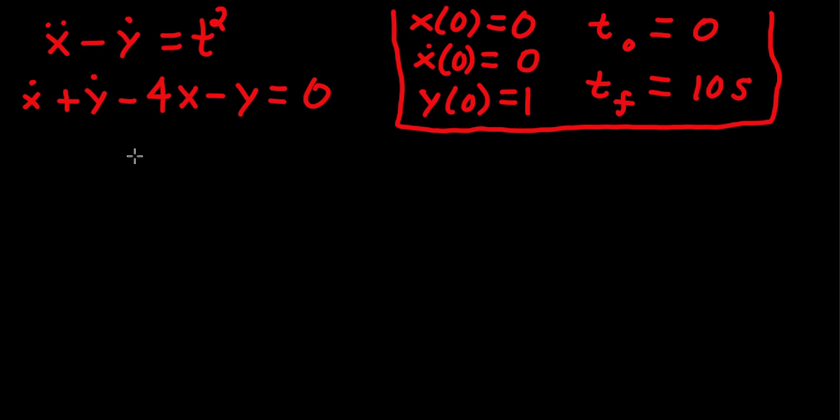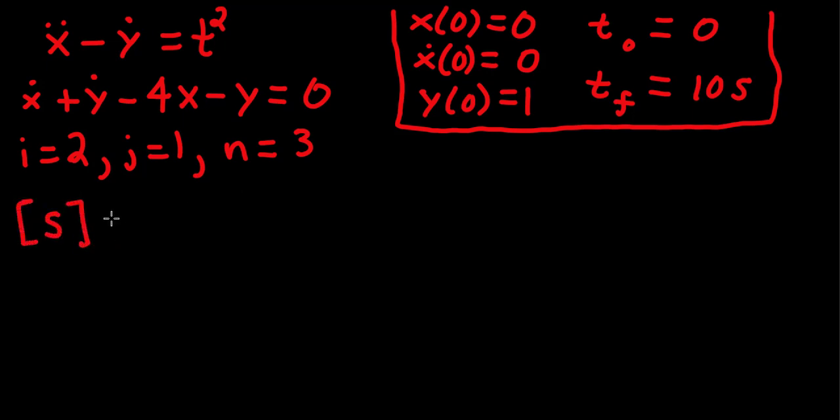All we need to do is get the derivative of our state vector. Looking here, we see that the highest order derivative for x is 2, so i is 2. The highest order derivative for y is 1, so j is 1. And so the size of our state vector is going to be 3.